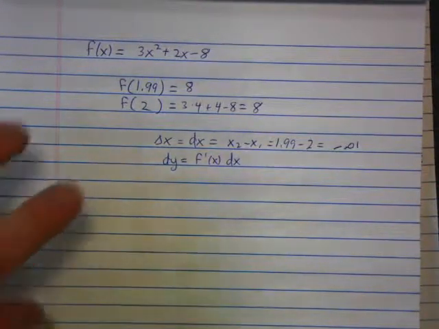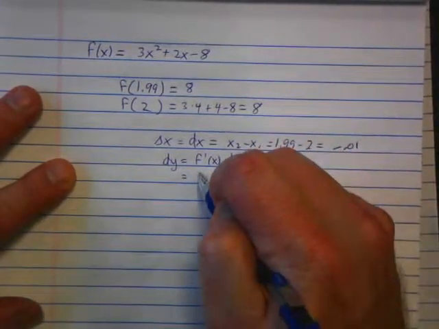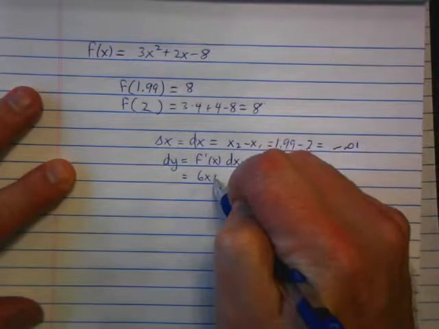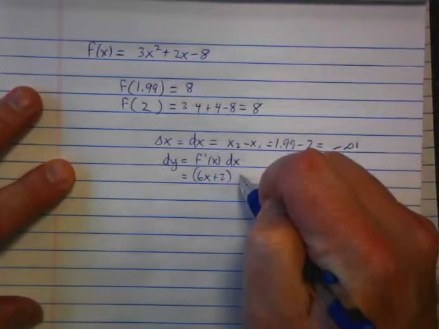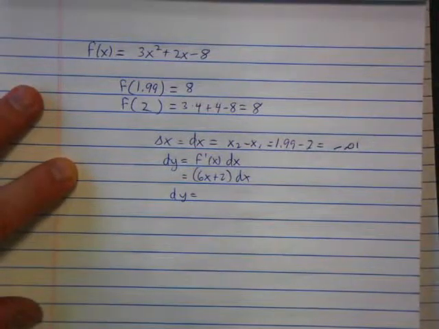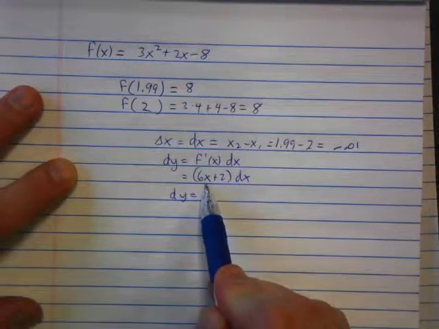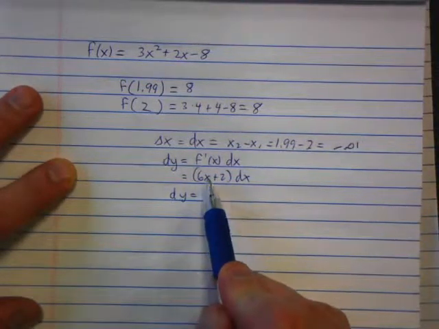Okay, so what's dy? dy is f prime of x. What's f prime of x? 6x plus 2 times dx. All right, so dy is, I now take my value and I plug it in. What number am I plugging in for x here? Not 1.99. The easy value. X is the number 2.